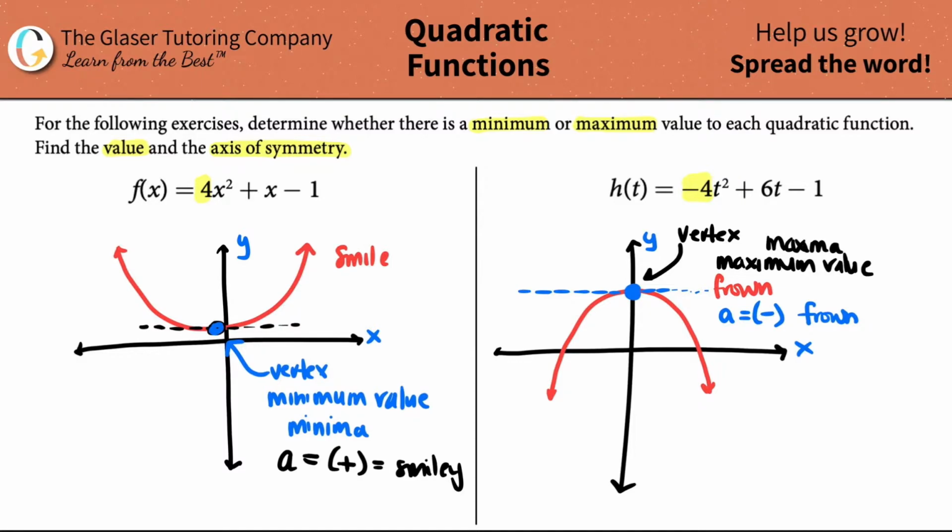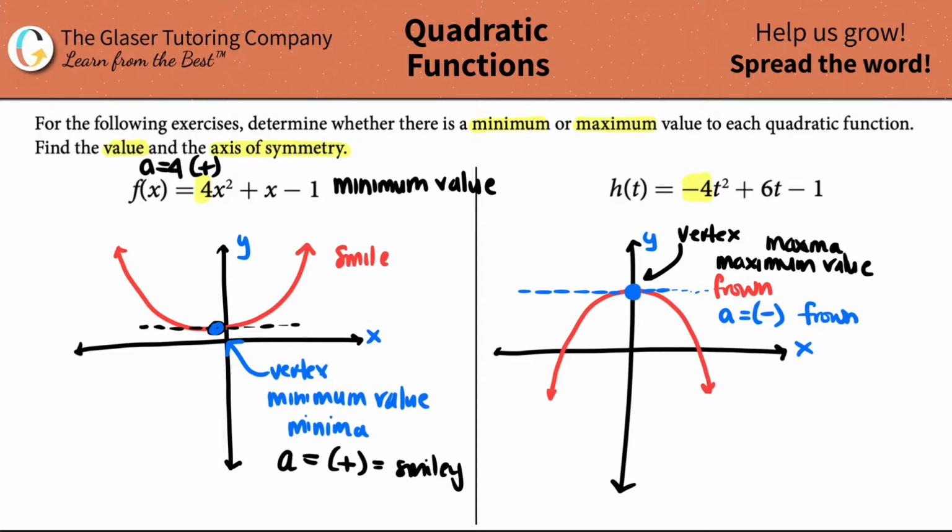So in this example, we have a equals 4, and that's a positive. So I know that I actually drew this type of graph to be a good one. It's a smile, right? So it's going to have a minimum value. So we already answered that part. Minimum value.